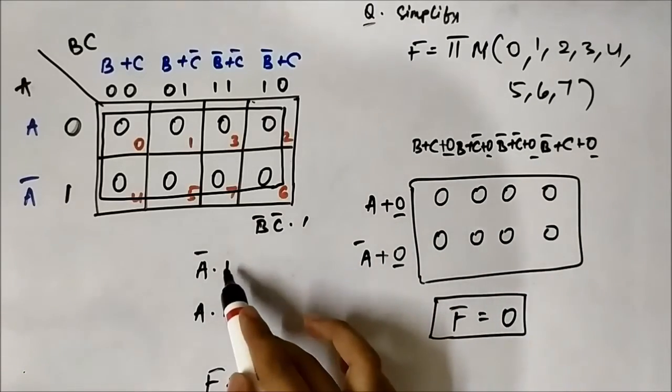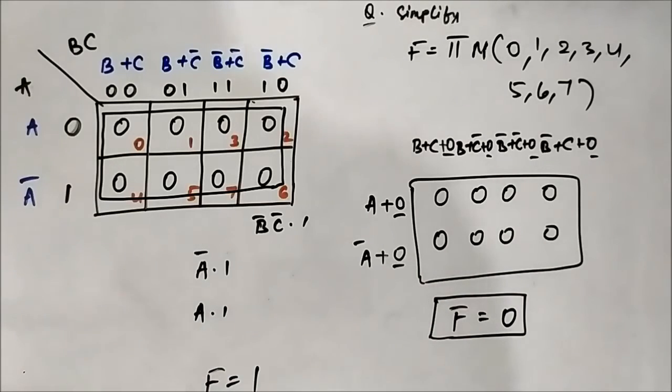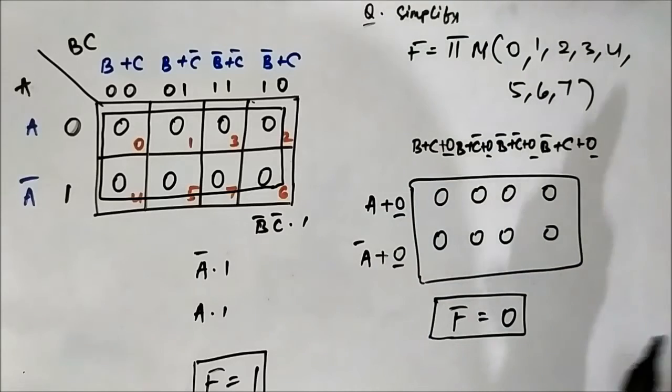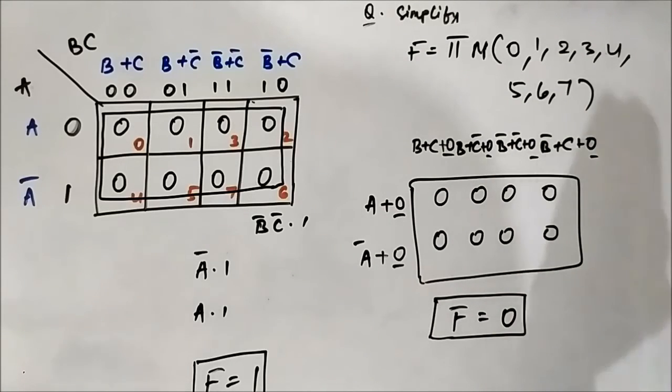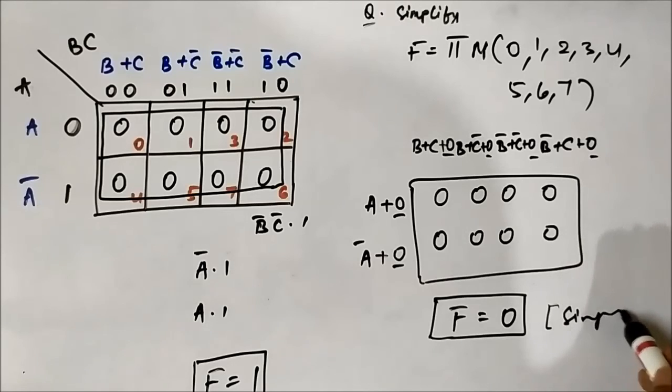In SOP, we ANDed it with 1 because ANDing with 1 does not change the value of each of these cells, and we got the simplified Boolean expression as 1. We discussed a similar question. So here we ORed it with 0 and we got the common as 0. So the simplified Boolean expression is 0.